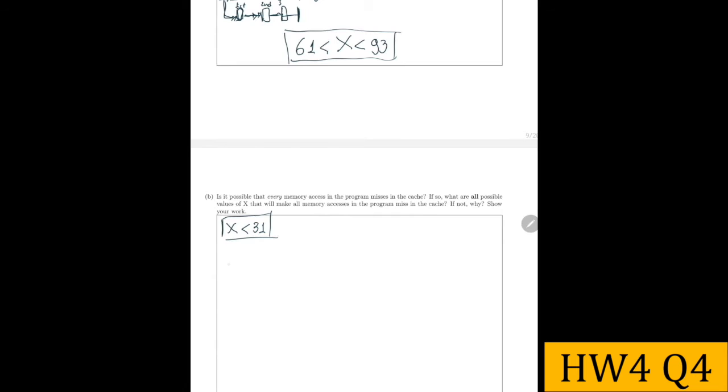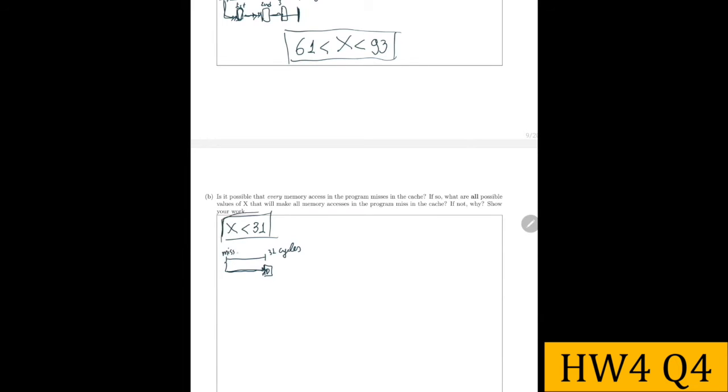Imagine that the miss here lasts 31 cycles. Then you enter into run ahead and you are not able to find the next data block. Okay, so that's one part of the inequality.